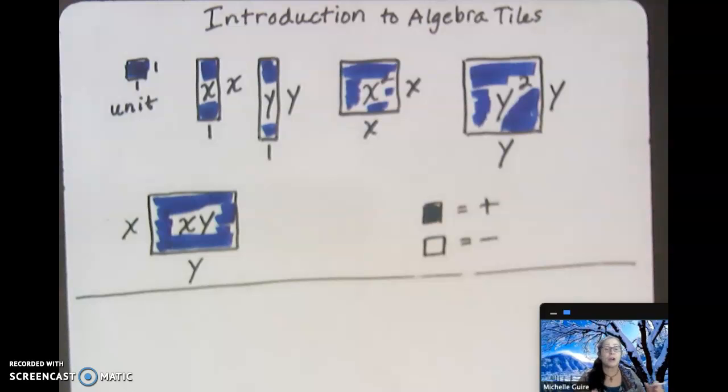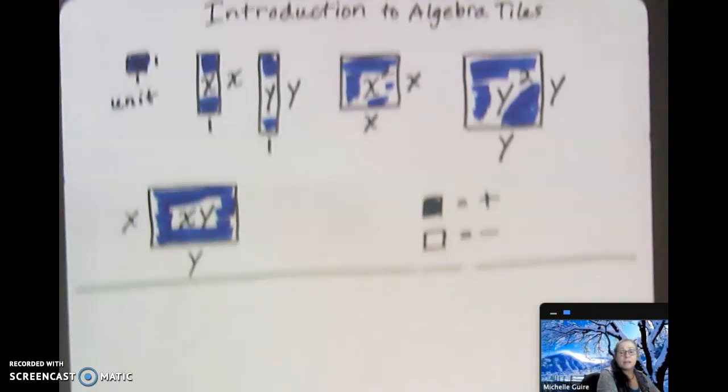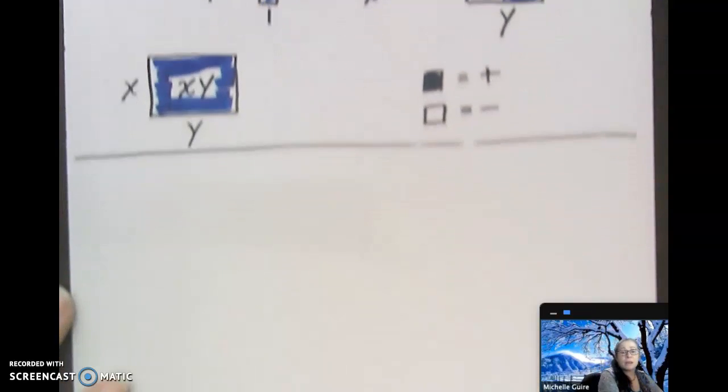So I'm just going to draw a group of tiles, and you're going to draw them on your paper, and then we're going to look at what the value of that is. So I'm going to go ahead and move this up just a little bit. There we go.